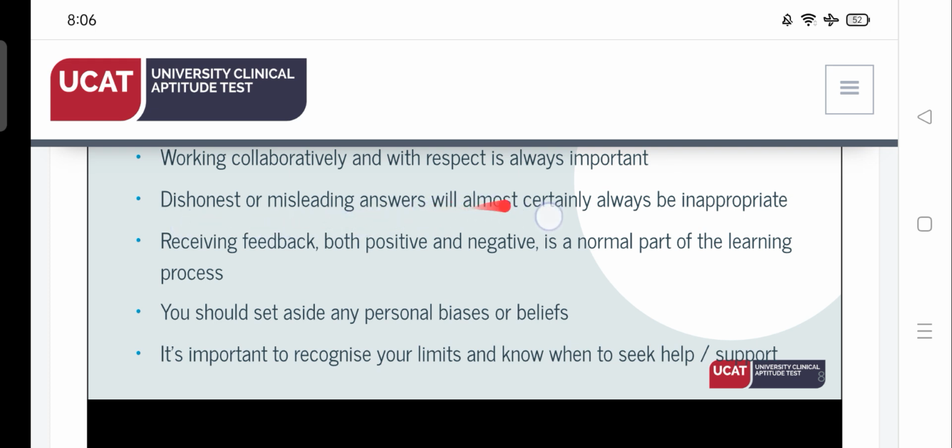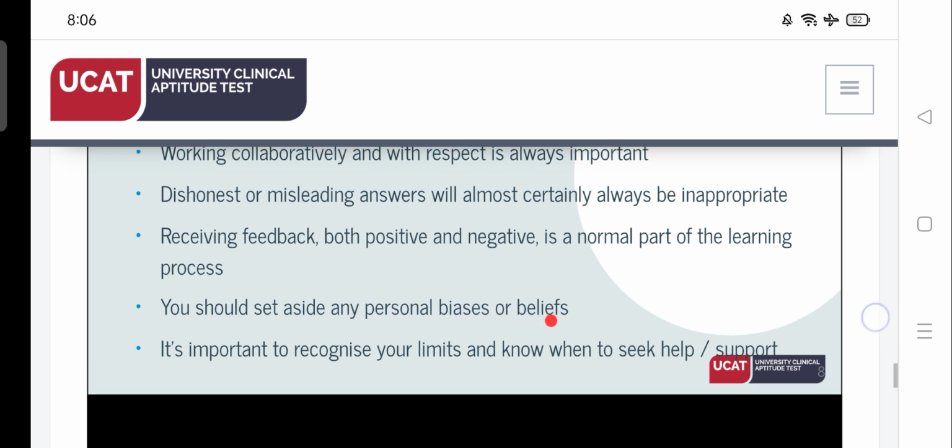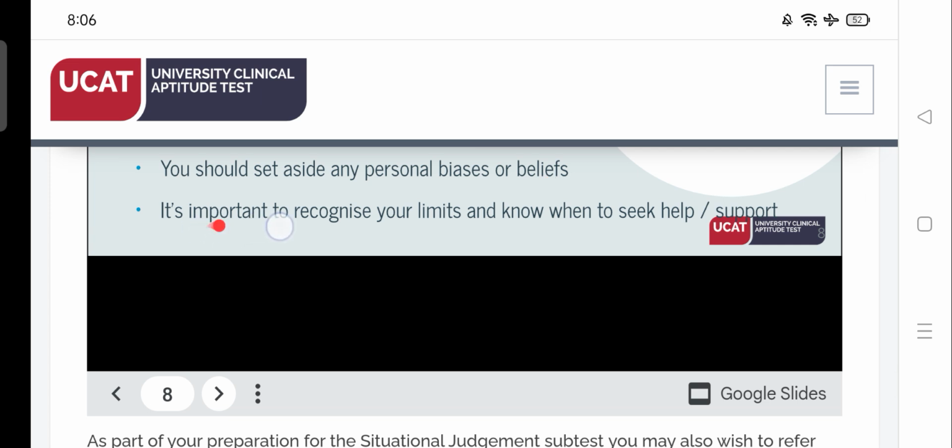Dishonest or misleading answers will almost certainly always be inappropriate. Receiving feedback, both positive and negative, is a normal part of the learning process. You should not assign any personal biases or beliefs. It is important to recognize your limits and know when to seek help or support.